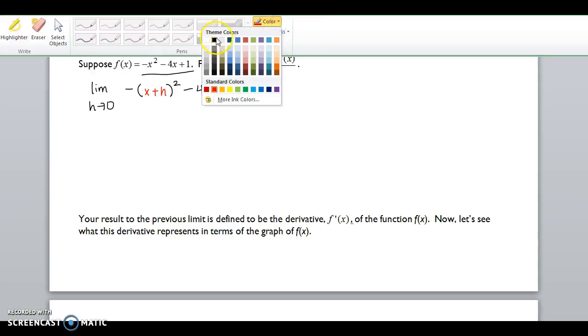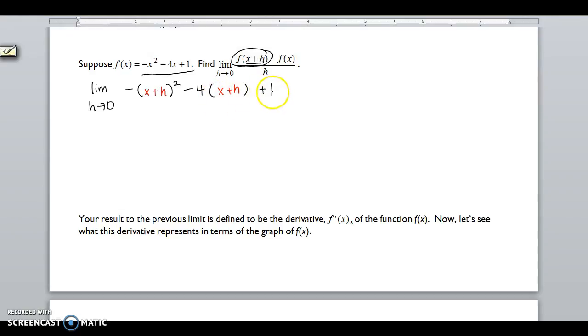So that's my f of x plus h. That's the first part. And then we're going to subtract f of x. So minus, and use parentheses here because otherwise you might forget to distribute, minus negative x squared minus 4x plus 1. And then we're going to divide the whole thing by h. So that's just the setup for this problem.